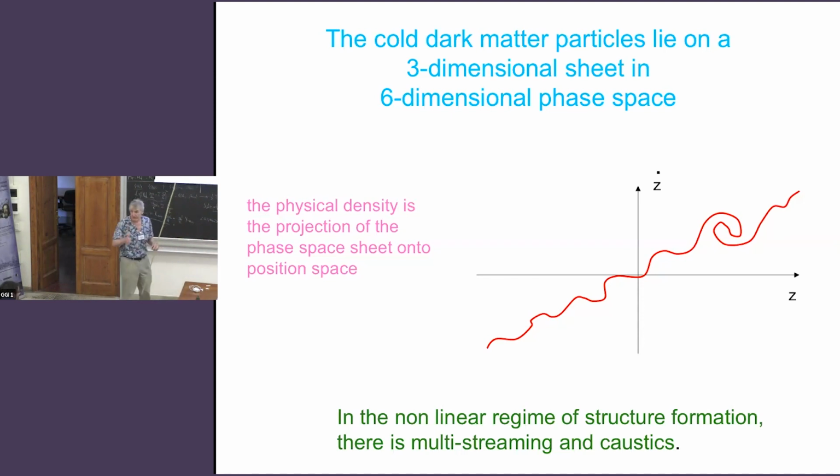And when you project it, you have infinite density, formally infinite. It's like I take this sheet and I project it onto the floor, whereas the most projected sheet is where there is a fold, right? You understand this? Okay, great.